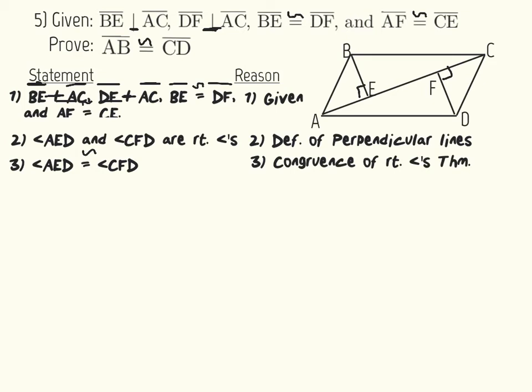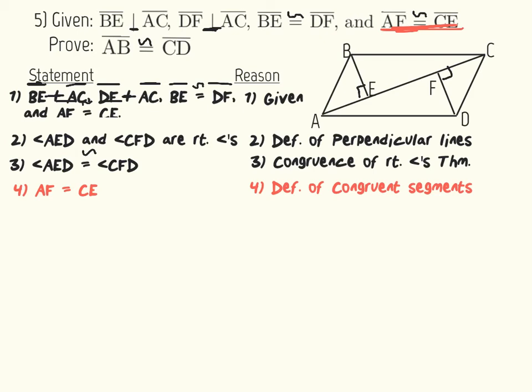So I know that AF is congruent to CE, and the reason is because I know that the segments are congruent, so I can say that the lengths are the same. So AF is equal to CE by definition of congruent segments.